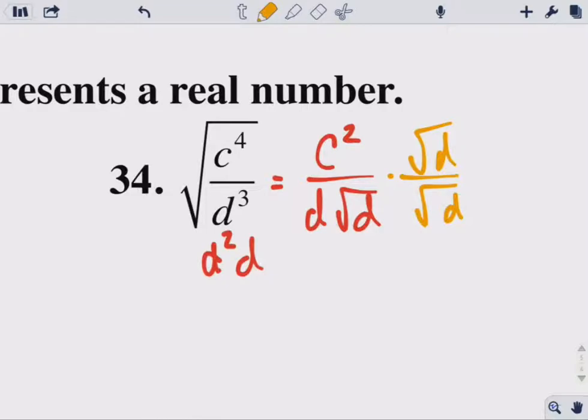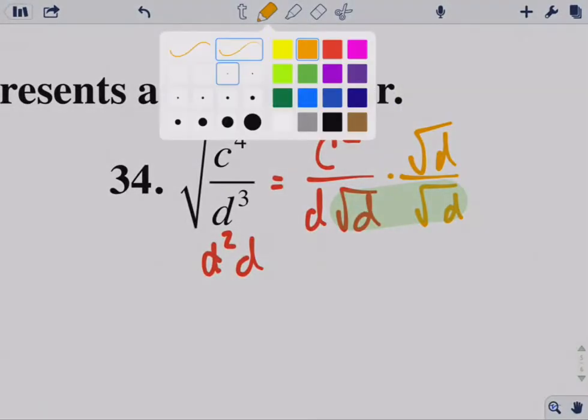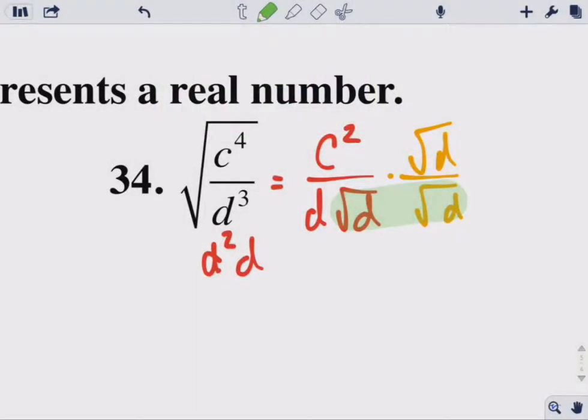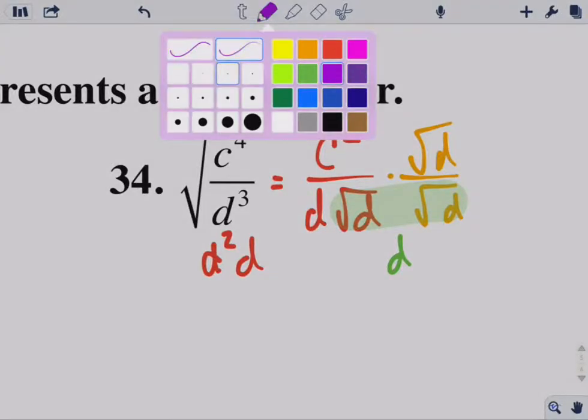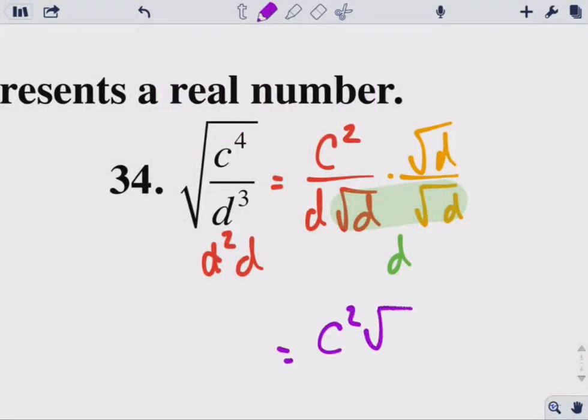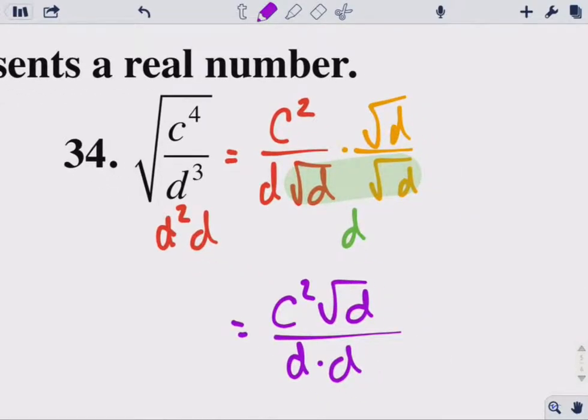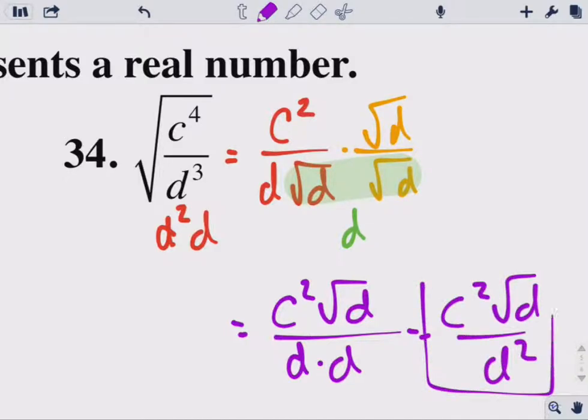Okay, and so that means when I deal with this stuff right here, I get another d. That's just square root of d times square root of d is d. So I end up with c squared square root of d over d times d, or to finish it out, c squared square root of d over d squared.